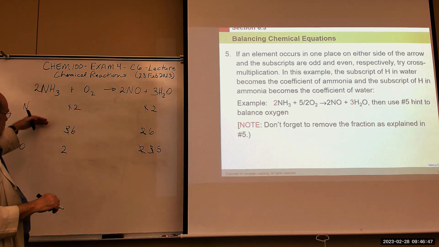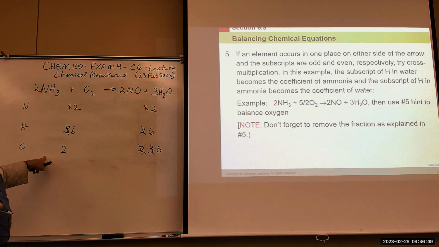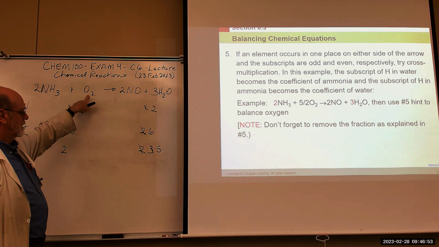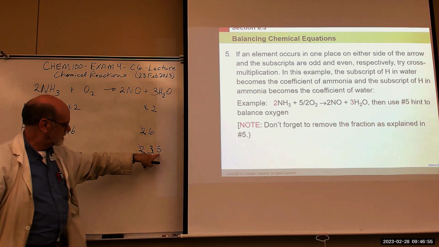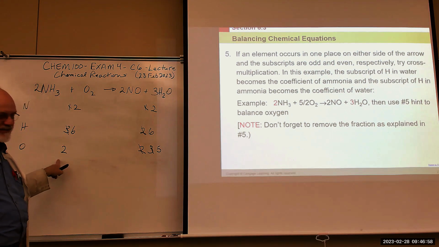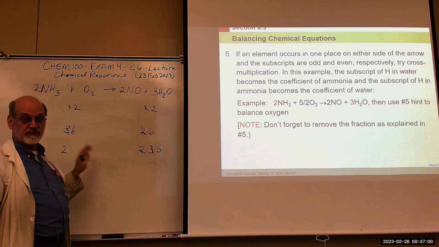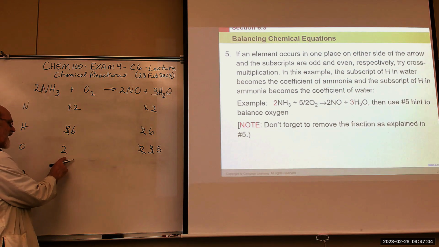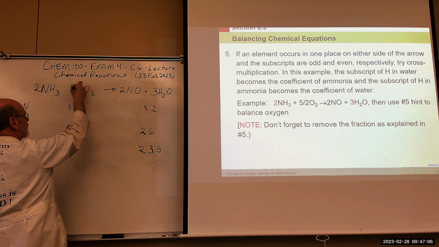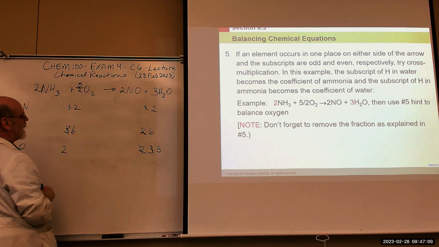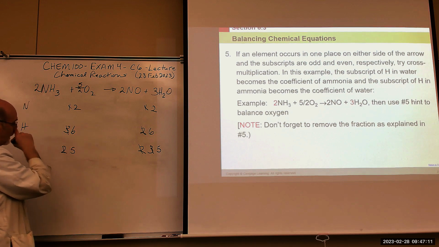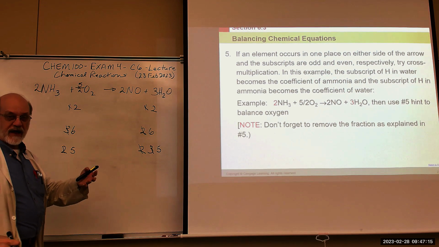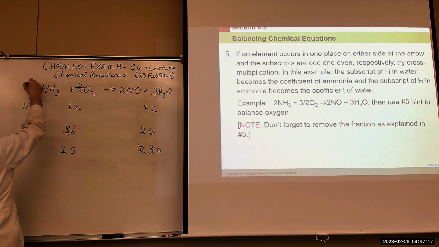We've got nitrogen, hydrogen. Now oxygen needs to be balanced. And notice oxygen is all by itself here. And we've got a prime number and a prime number, right? There's no factor that will bring them both together. So we're going to use a fraction again. We need 5 oxygens on this side. 5 halves will give you 5. Okay. Another intermediate step with a fraction. So you know what to do now.